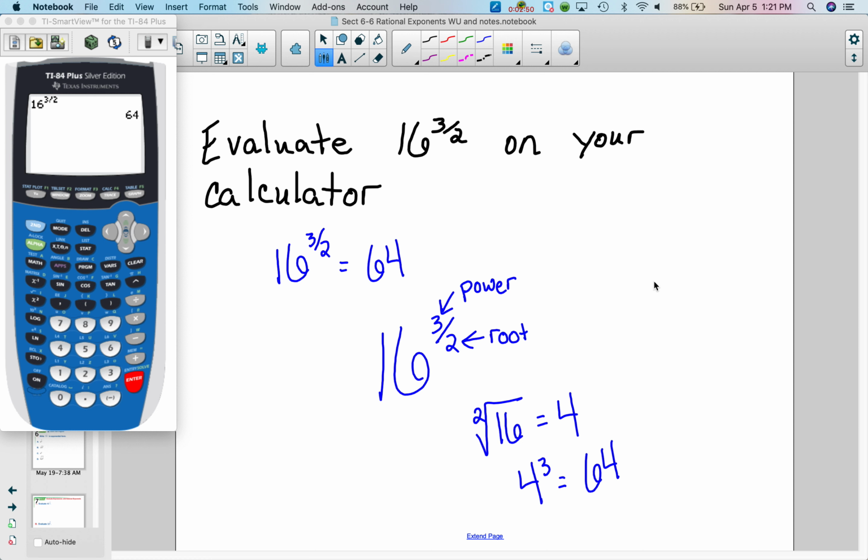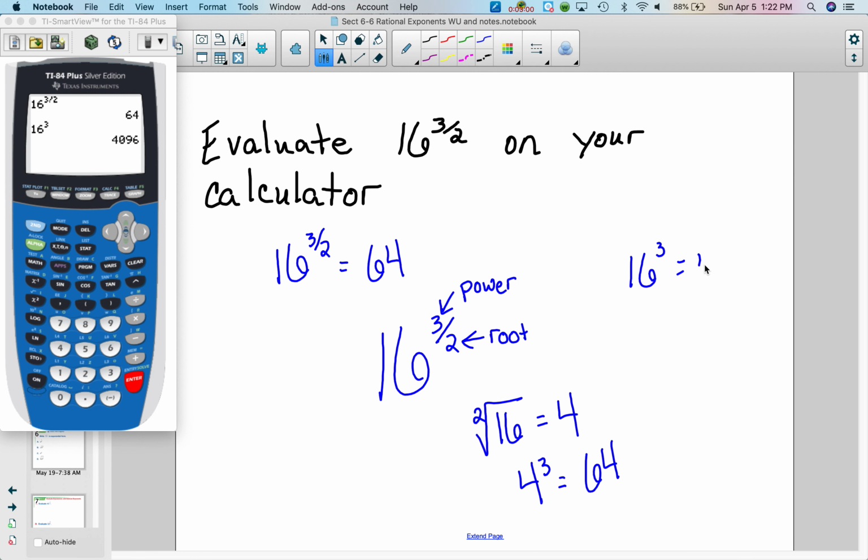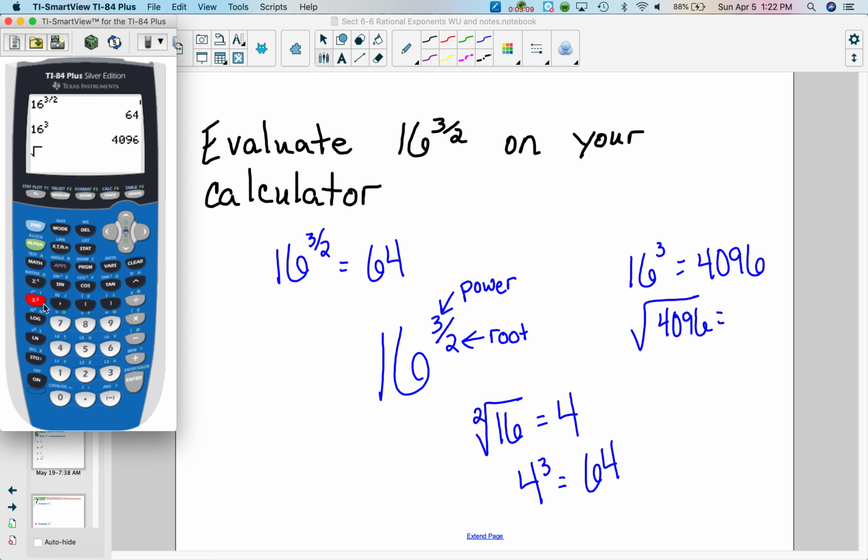Now you could also do 16 to the 3rd power, and if I do that, I get 4,096, and then take the square root of 4,096. If I do that, I also get 64.